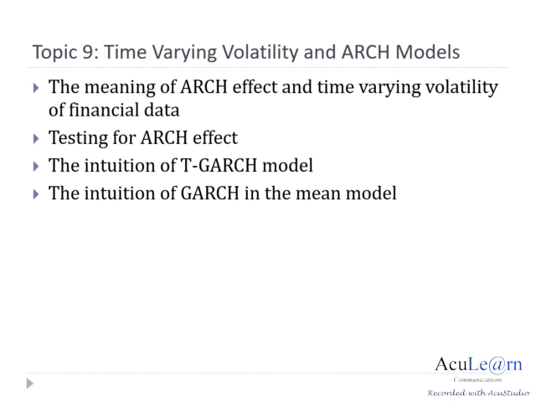So basically, GARCH-in-mean says that when you have larger conditional variance, in general, the return should also be higher, because people want higher return for taking more risk. Okay, so this will be the knowledge point for chapter 9 or topic 9.